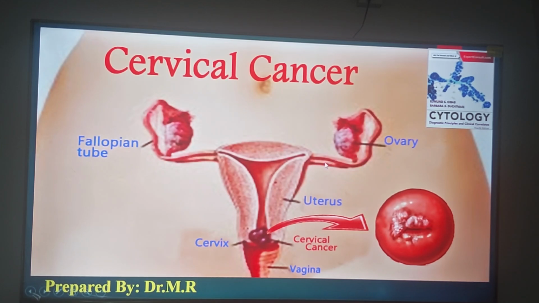Attached to the uterus is a tube-like structure called the fallopian tubes. This is the cervix. This is the cervix junctional area, and these are the anatomy of the female genital tract.